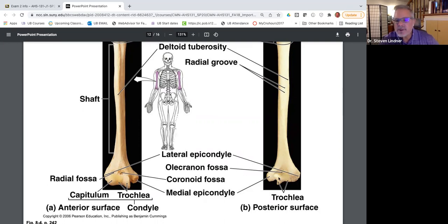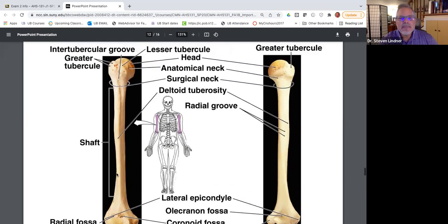On the posterior side, there's one fossa, and it's pretty large and right in the center. So if we see one depression on the back, we know it's on the posterior surface. If we see two depressions at the distal end of the humerus, the two fossas are on the anterior side. Okay, so that's right off the bat.